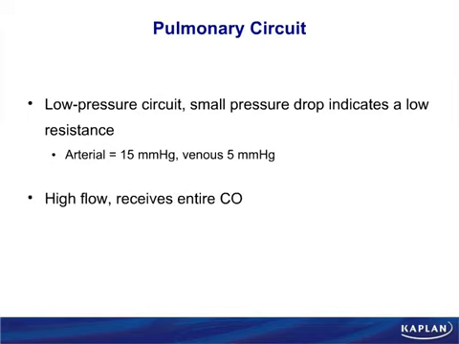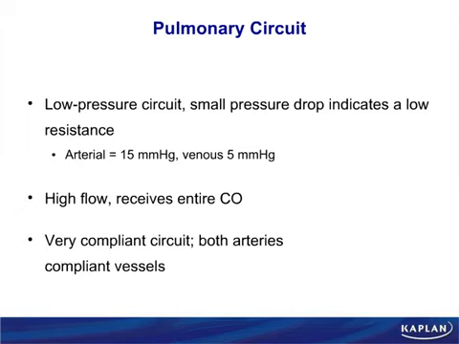The entire cardiac output goes to the lungs. So the pulmonary circulation receives the entire cardiac output, and that blood flow has one job and one job only: pick up groceries, dump off trash. Pick up the oxygen, dump off the CO2. So, a huge amount of blood flow.